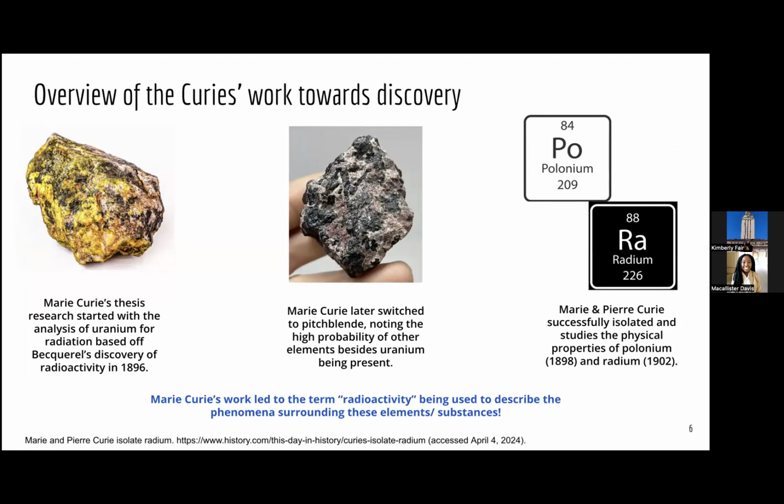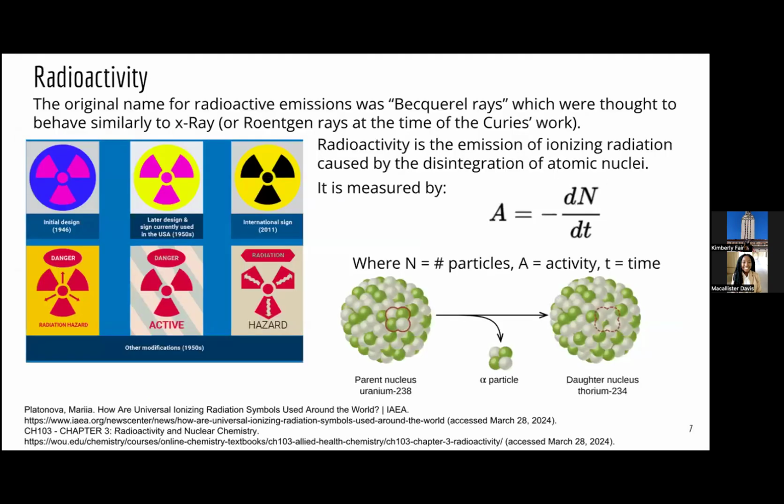This eventually led to Marie and Pierre Curie successfully isolating and studying the physical properties of polonium in 1898 and radium in 1902. And a really big takeaway from this is the fact that Marie Curie's work led to the term radioactivity being used to describe the phenomena surrounding these elements and substances.